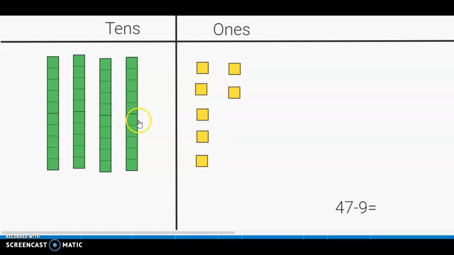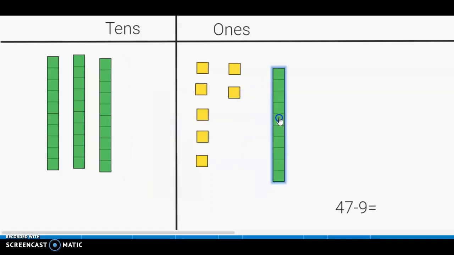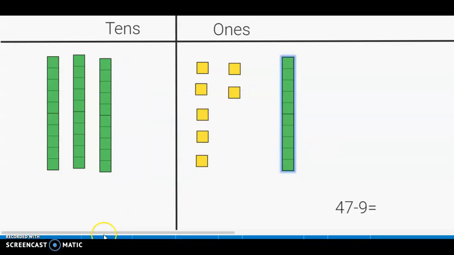What we can do is go over into the tens place and we can regroup, meaning trade a 10, and we can break it apart into ones. And we can do this just temporarily while we are solving this problem. So let me move this over and then I will break it apart and change it into ones.